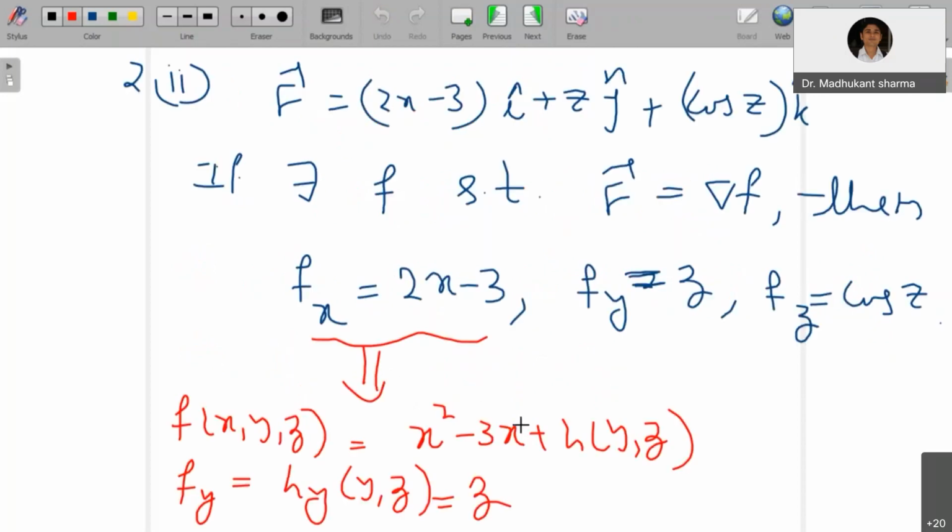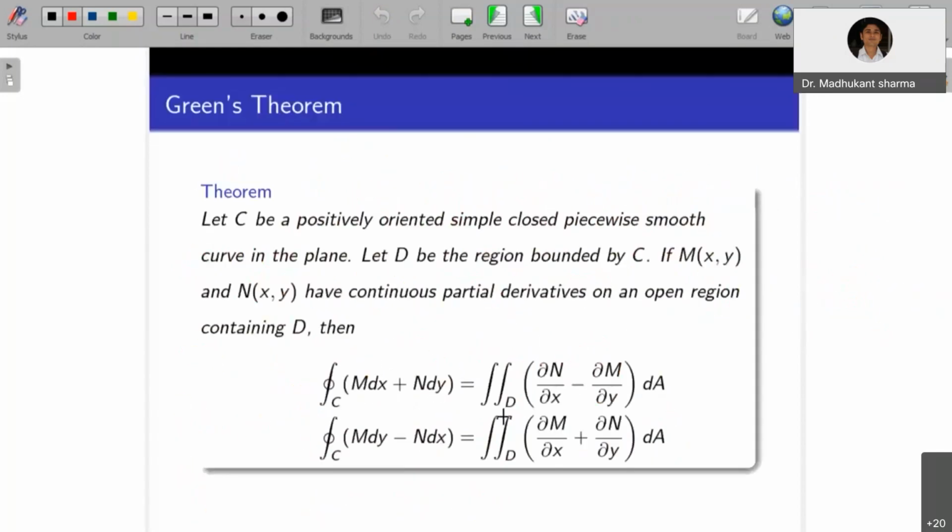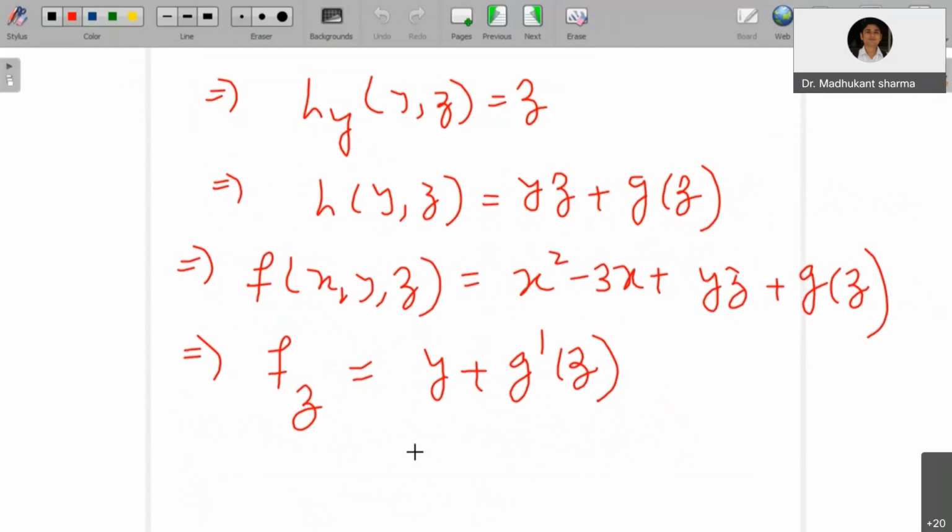Right? Now fz is given to be cos z. Now there is no way to proceed. I may not be able to evaluate what g of z is.